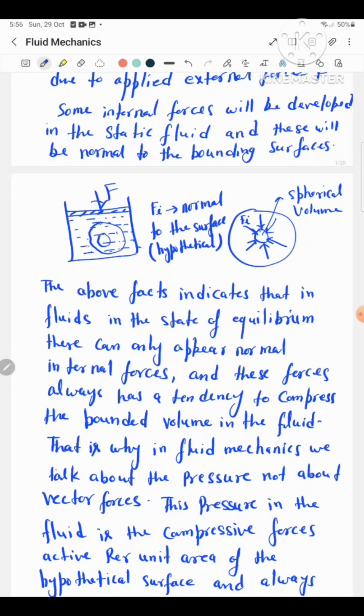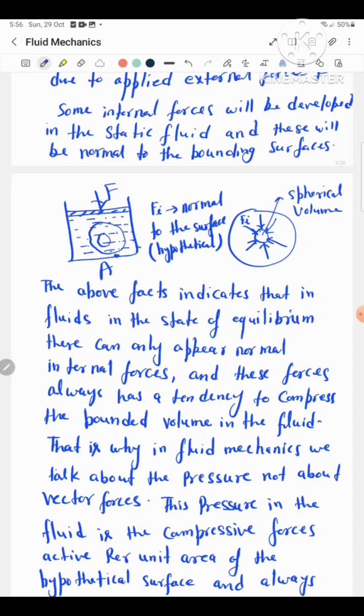Here, suppose the cross-section area is A, then what will be the pressure on the bottom of the container? Perpendicular force F is working here.